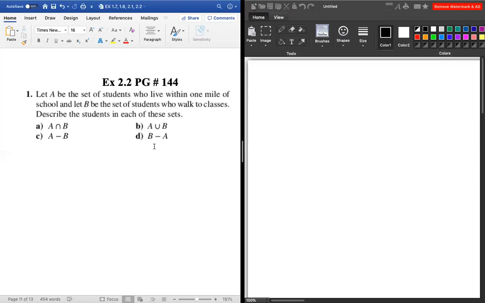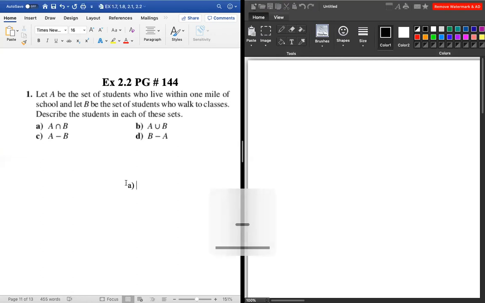So here, according to the definition, let A be the set of students who live within 1 mile of school, and B be the set of students who walk to classes. So we have this A intersection B, so we have to describe that. So we will say, what's the result of A intersection B?